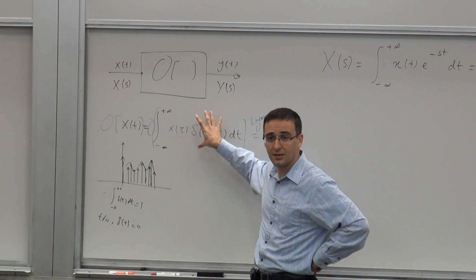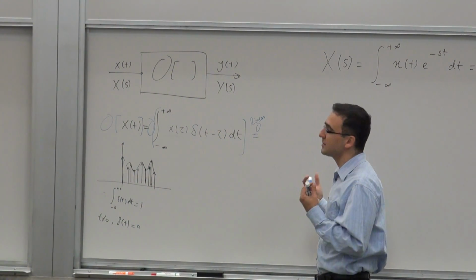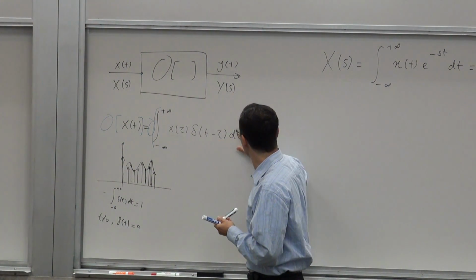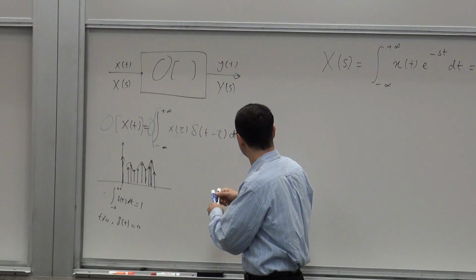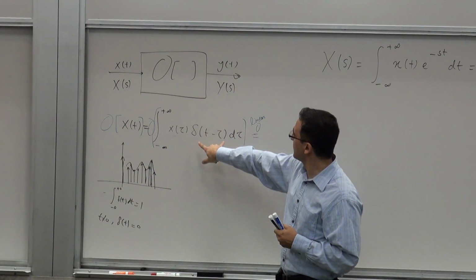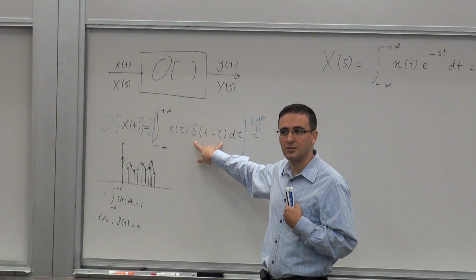the signal operated upon. Now the operator is a function of t, so the only thing it will operate on is this. This is d tau. So the only thing it will operate on will be something that's a function of t, which is this thing.